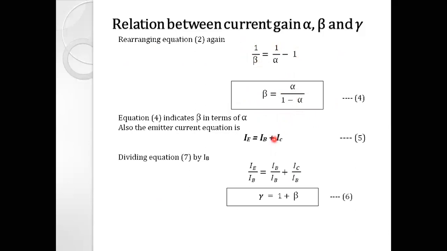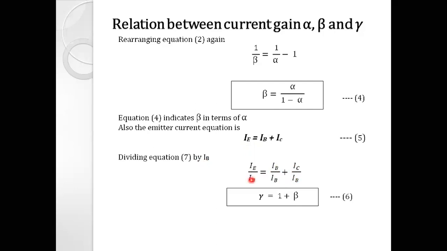Now let us build up the relation between current gain gamma and current gain beta. For that, again starting from the basic equation, IE is equal to IB plus IC, now divide equation number 5 by IB on both sides. On the left hand side we have IE divided by IB, and on the right hand side IB divided by IB plus IC by IB.